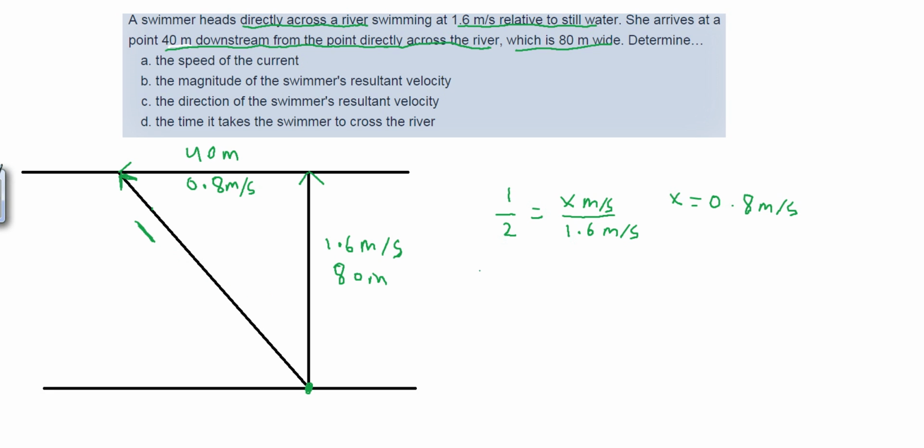So we'll call this resultant velocity equals the root of 0.8 squared plus 1.6 squared.